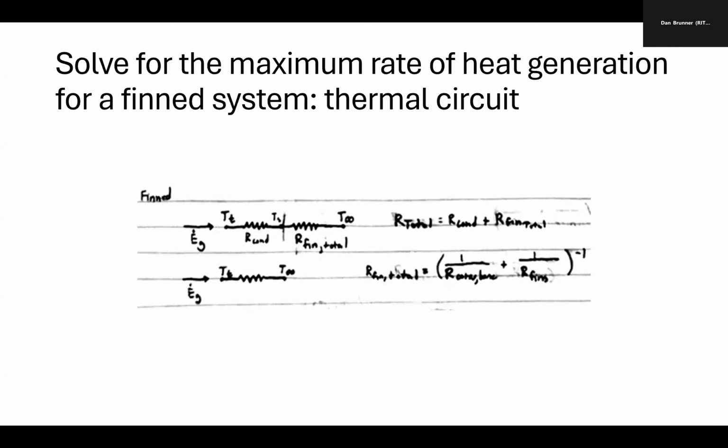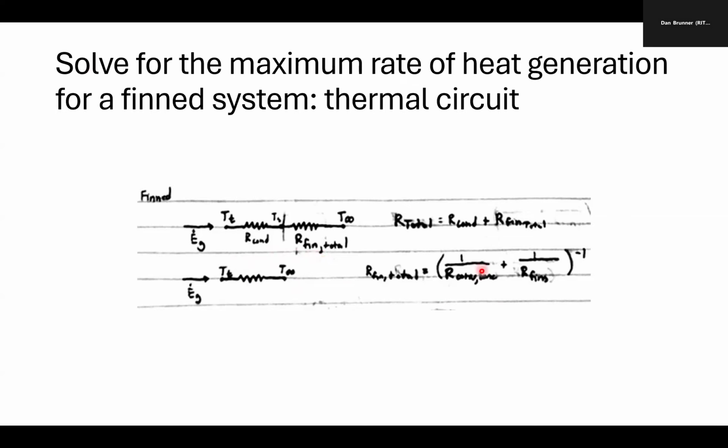Now, if we consider the system with fins, we have to do some extra thinking. So we have the total resistance in this case being equal to the conductivity thermal resistance plus the thermal resistance that's associated with the fins.